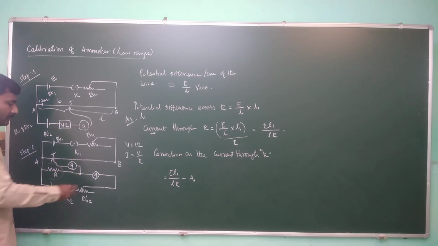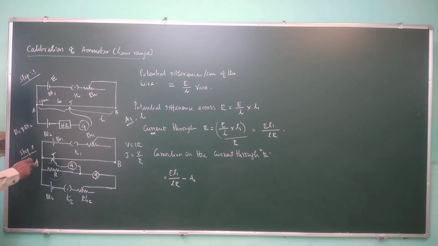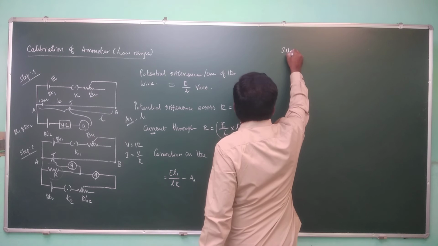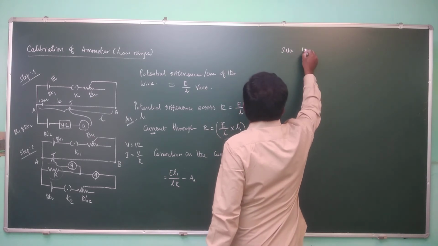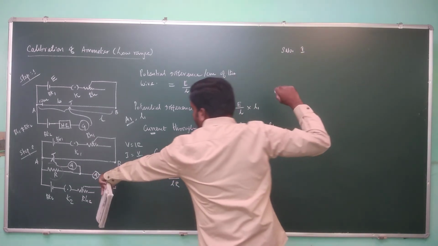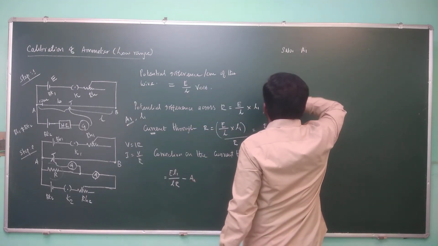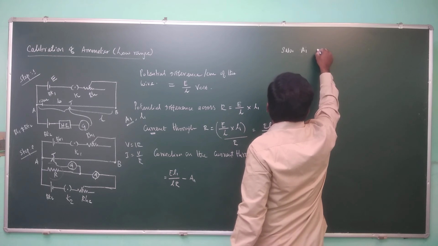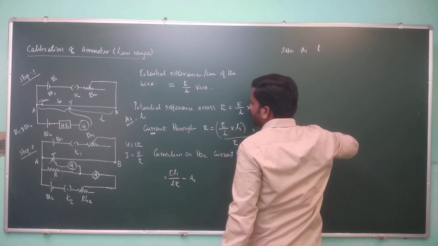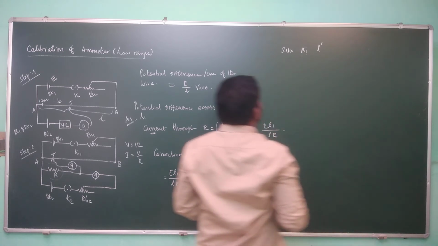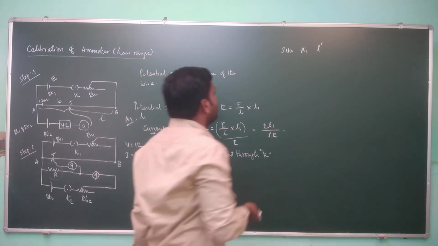So essentially we are changing the current value, taking the balancing length value, and making a tabulation. Let's make a tabulation consisting of serial number, then the current I initially set in the ammeter, say A1, and the balancing length L prime, which will be L1, L2, L3, L4, L5 and so on.